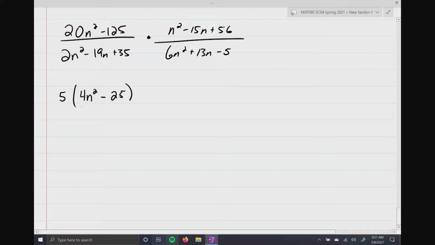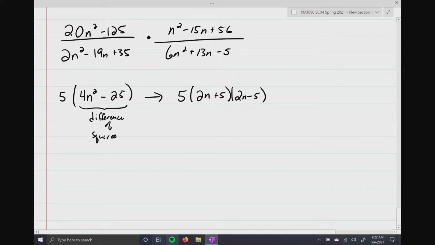But if you look here, that's going to be the difference of squares. So this turns out to be 5 times 2n plus 5 and 2n minus 5. So that entire numerator there, actually, you know what? I'm going to write it all the way down here.